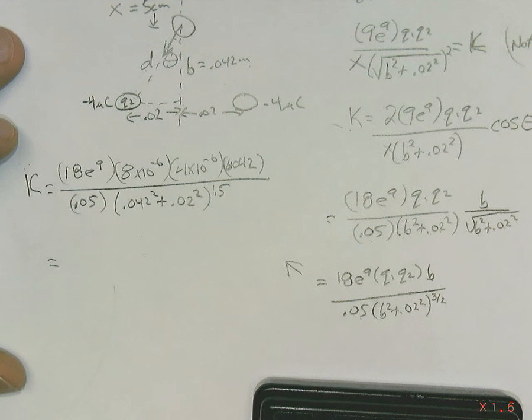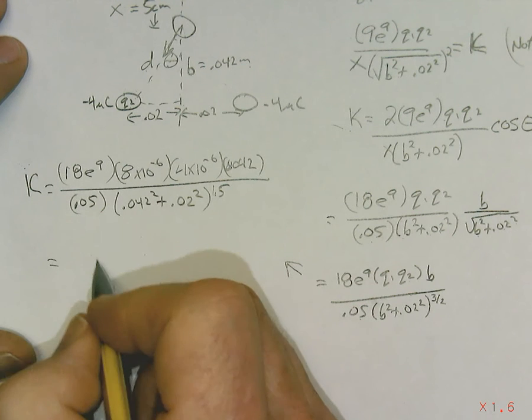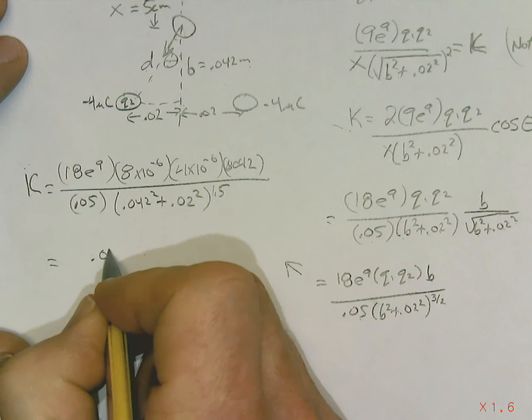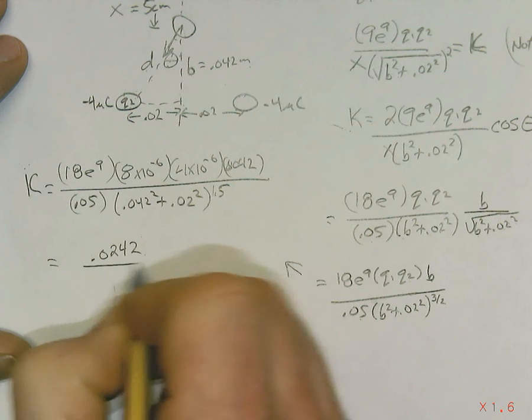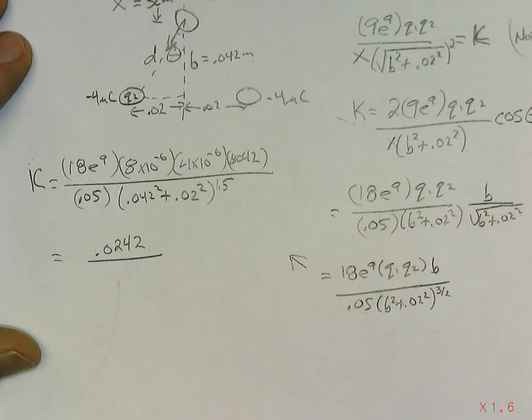18e9 times 8e-6 times 4e-6 times 0.042. I'm just not even trusting myself to do this right in the calculator. This is 0.0242 divided by 0.05. I know I should do this all in one step, and I'm just showing you here.